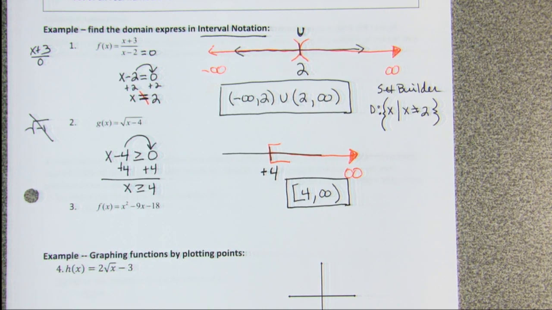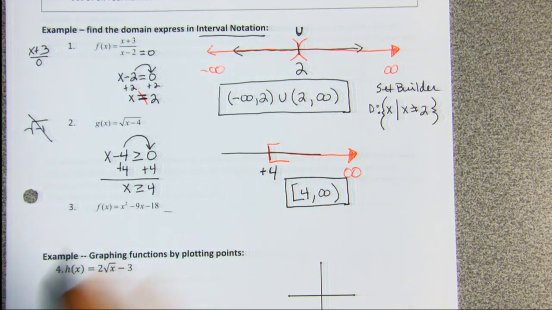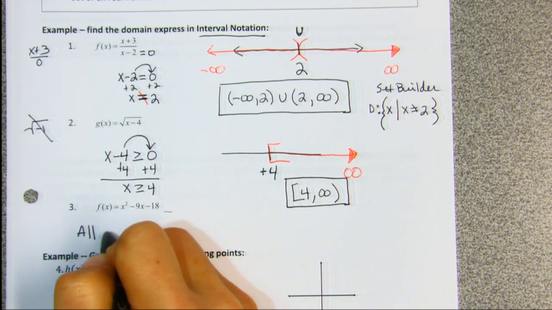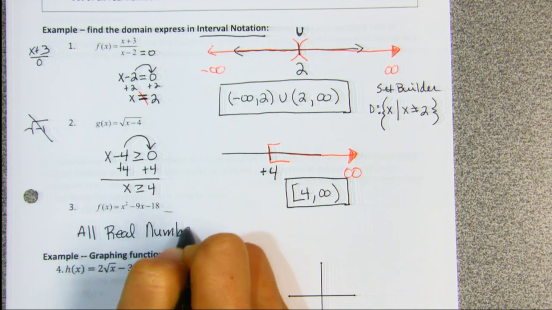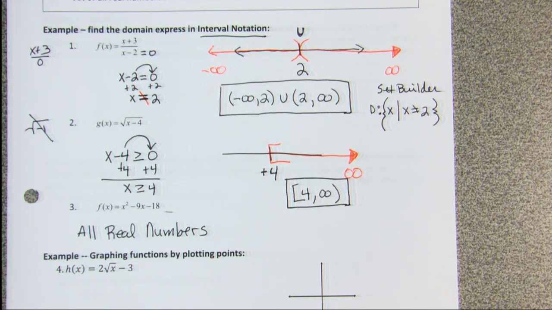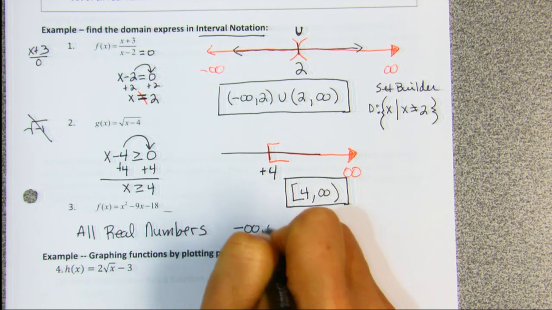We can graph negative numbers. We can't graph imaginary numbers, right? So this one, if you have just an expression that's not a fraction, not a radical, you're going to say that the answer could be all real numbers. Meaning, not any negatives. And the way you would indicate that in interval notation would just be negative infinity to infinity.